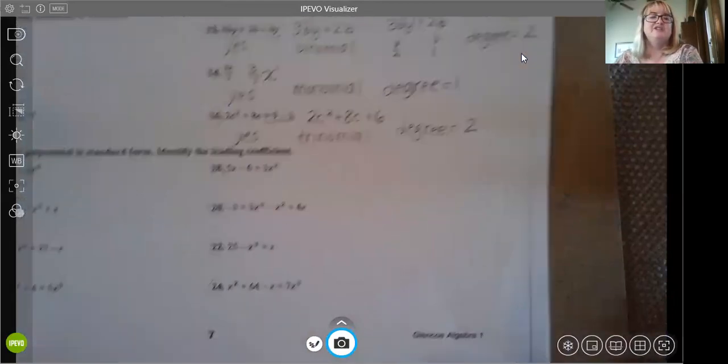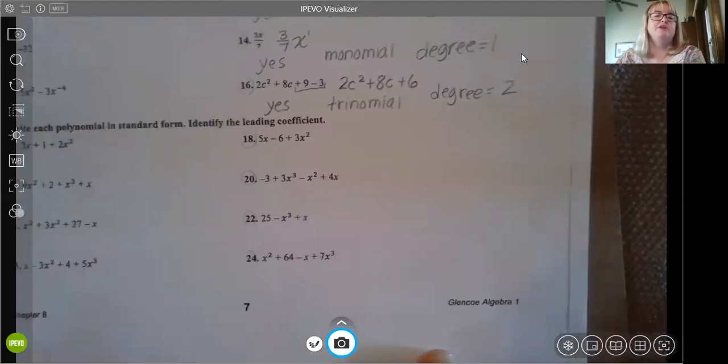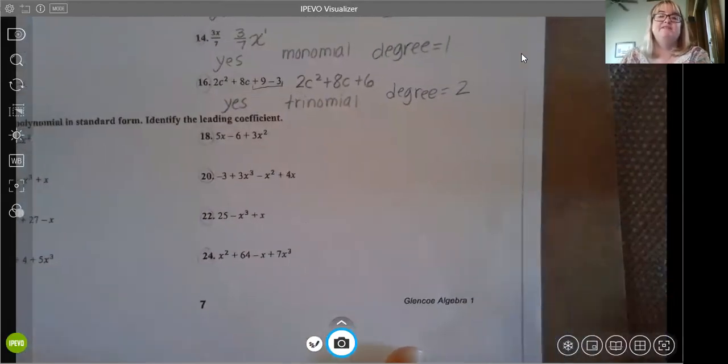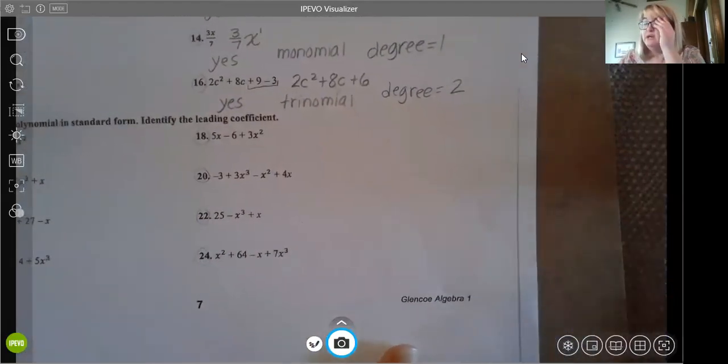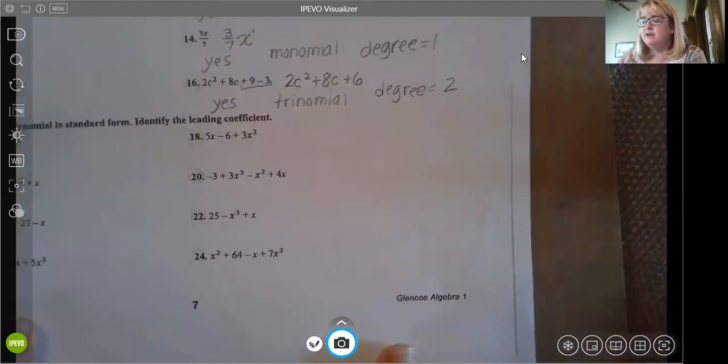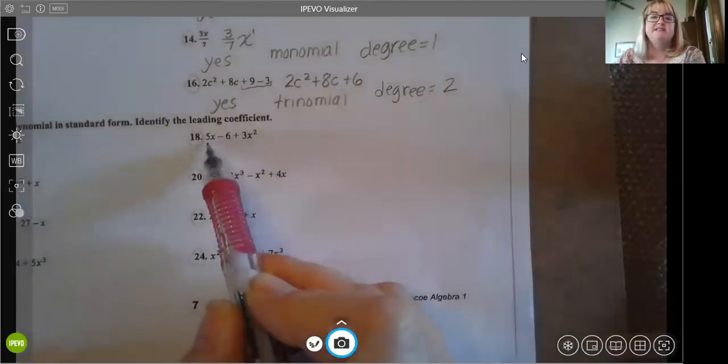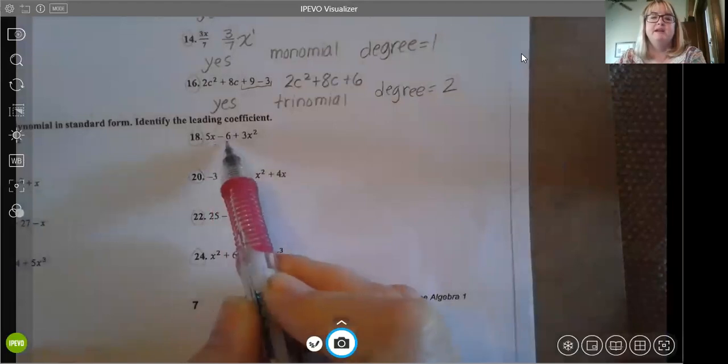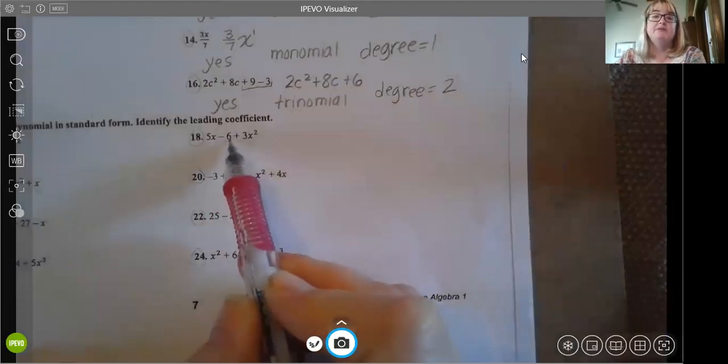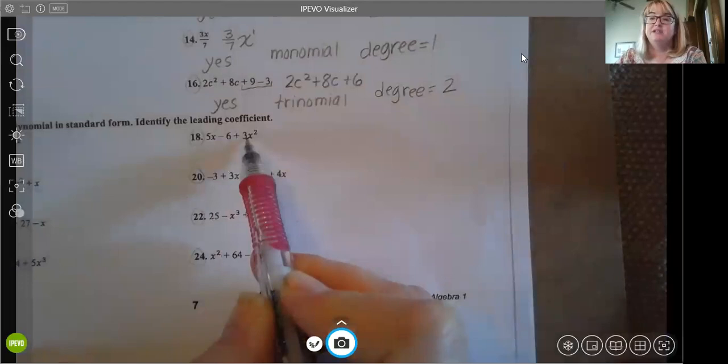All right, the last section says, write each polynomial in standard form, identify the leading coefficient. So again, in standard form, it goes from highest degree to lowest degree. And then the leading coefficient is the coefficient of your first term. So let's look at this. 5x, degree is 1, -6, the degree is 0, 3x squared, the degree is 2.